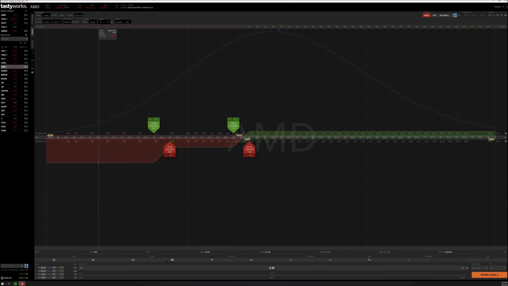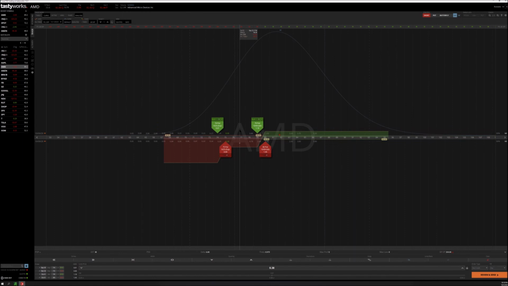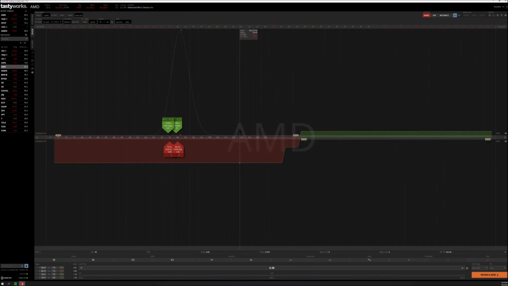Oh shoot, I'm doing something. I guess Tastyworks is messing up too. I don't know why it's not letting me zoom in farther.